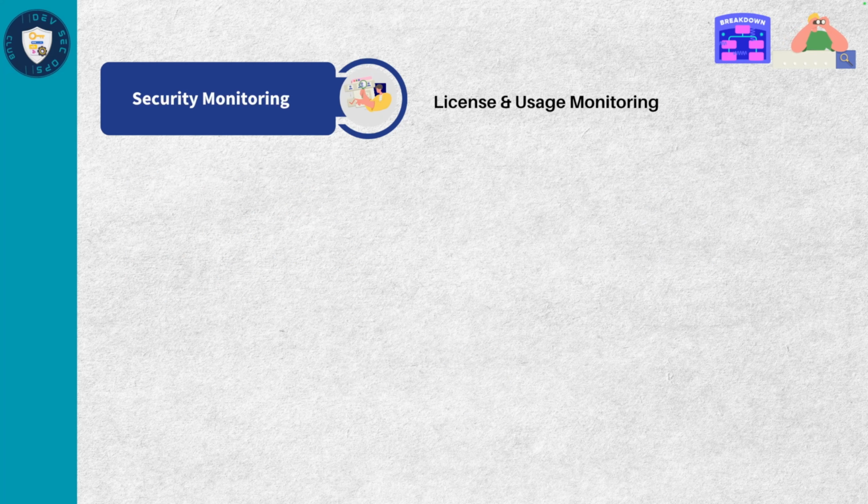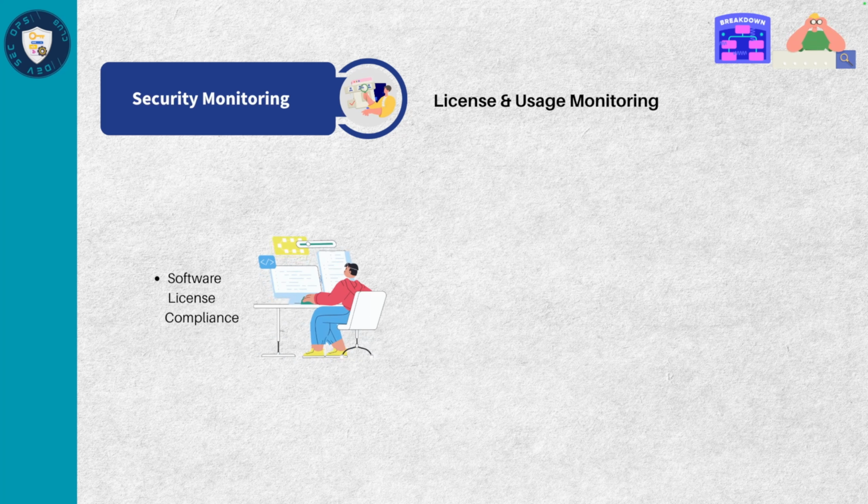Next, license and usage monitoring, tracking software use and ensuring compliance with licensing agreements. It should not be that you are using software for which your company does not have a license. Of course, it doesn't happen, but still, it falls under the security monitoring domain, where we have software license compliance, preventing violation of software use policy.